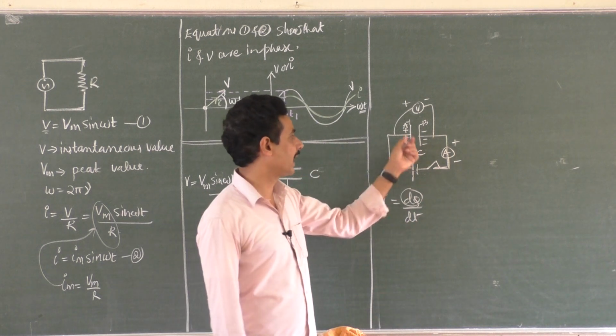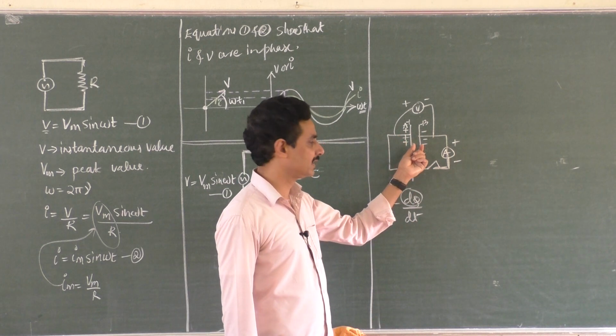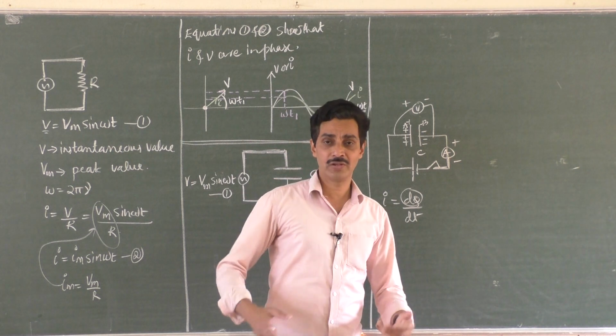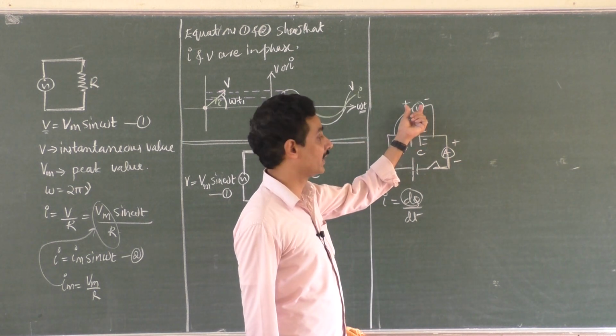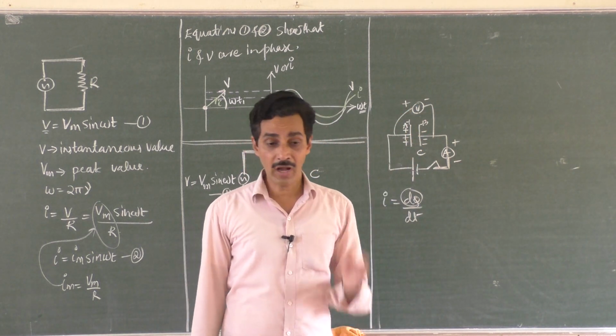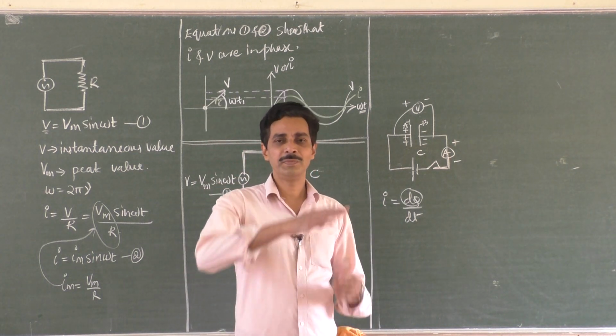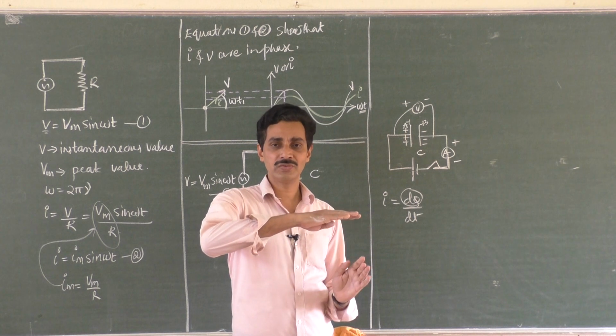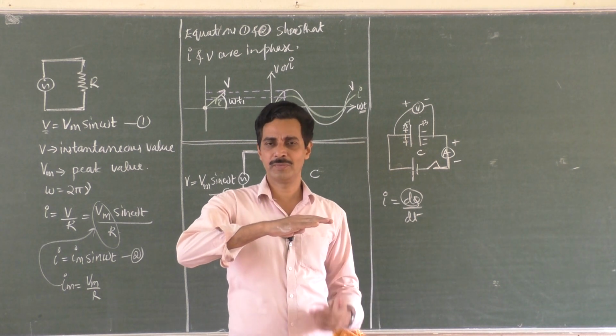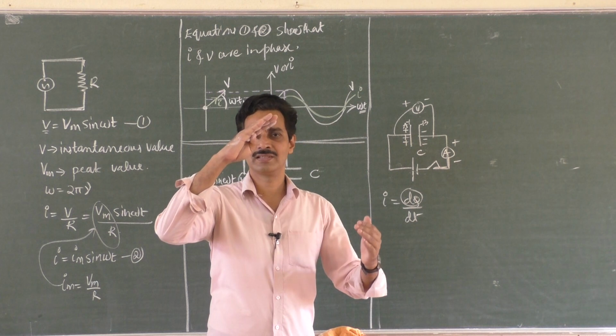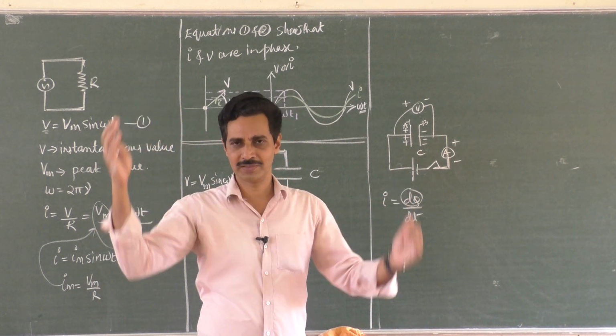As the electrons accumulate in plate B, the potential difference goes on increasing, and the potential difference is shown by that voltmeter. So how will the voltmeter reading be as you switch it on? As soon as you switch it on, the voltmeter reading will be 0, and once you switch it on, electrons get transferred from plate A to plate B, and the voltage starts increasing from 0 to maximum.